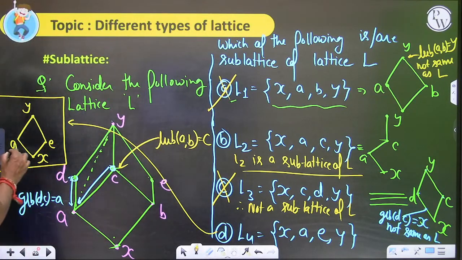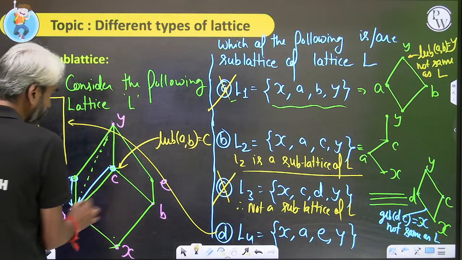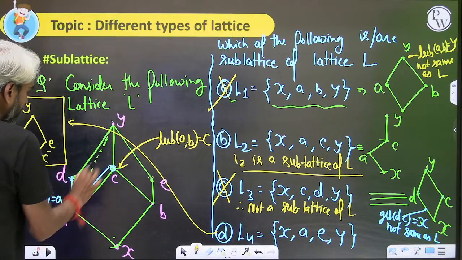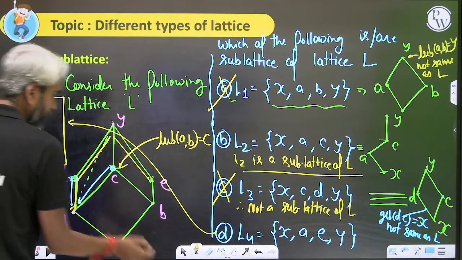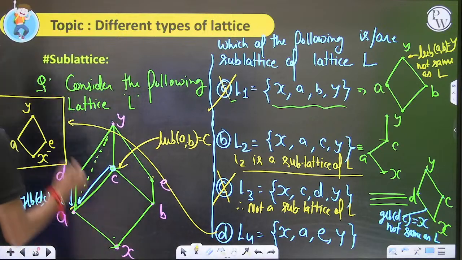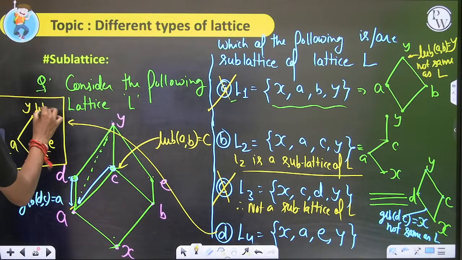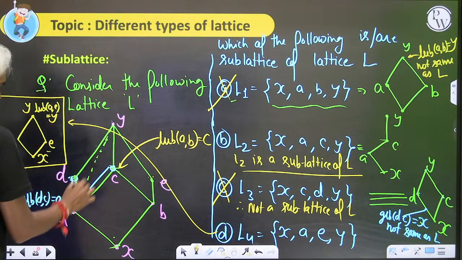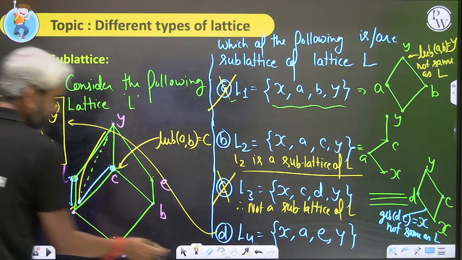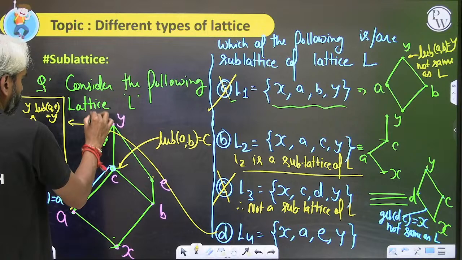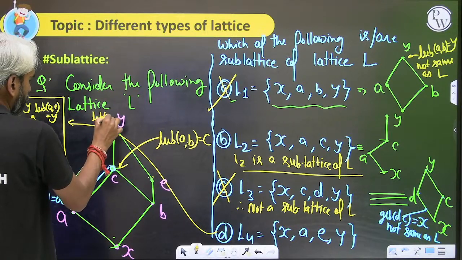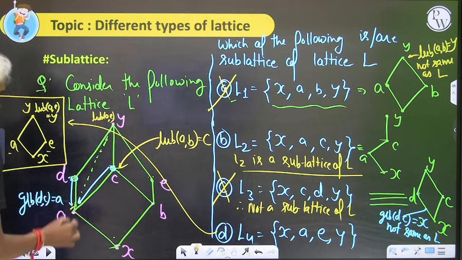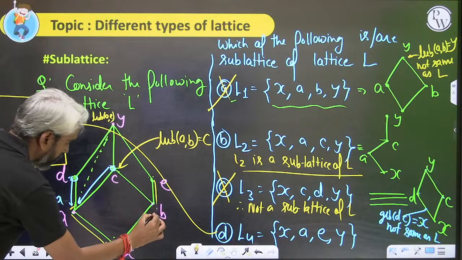Let's check for A and E. So what is the least upper bound of A and E? A and E join each other at Y. Therefore, the upper bound of A and E equals Y here also. Similarly, sir, where do they meet each other? At the lower side.